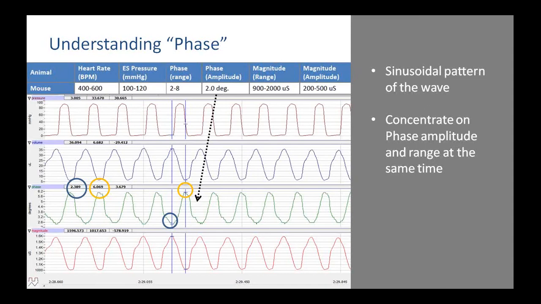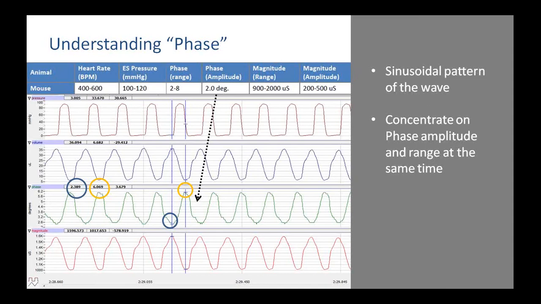We see that not only the sinusoidal nature, but also the referred values associated with the wave are important. Phase range is between 2 to 8. Phase amplitude, the wave amplitude, is 3.67 and is highlighted. You can see the recommended lowest is 2 degrees. So in this, we see phase amplitude 2 degrees, phase range between 2 to 8.